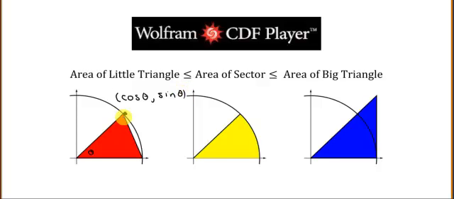So if I drop a perpendicular from this down to the x-axis, this much would be the x-coordinate, that would be cosine of theta, and this much would be the y-coordinate, that would be sine of theta.